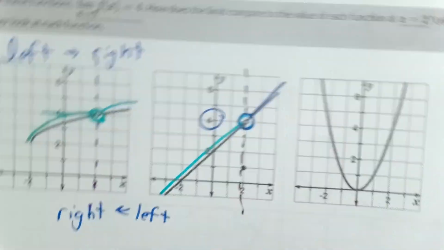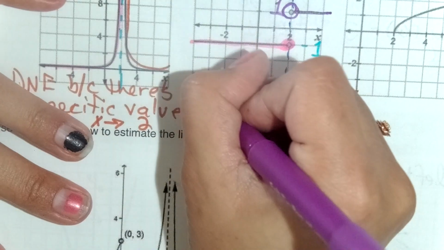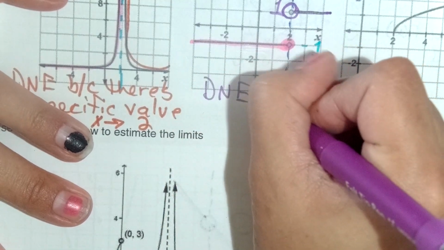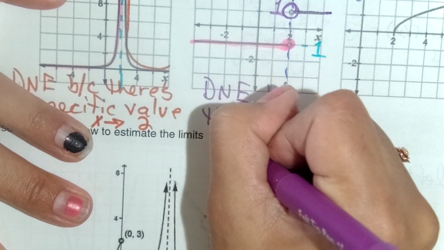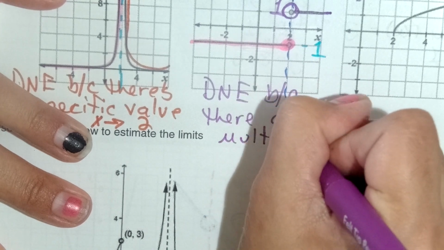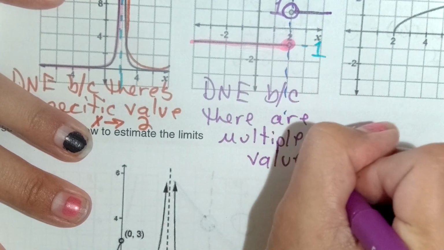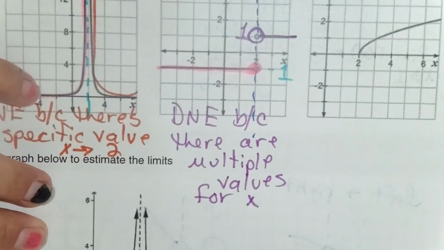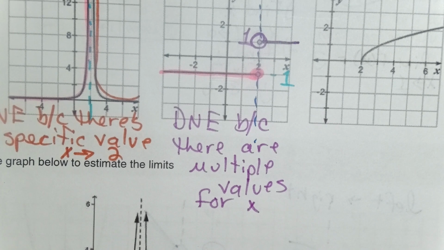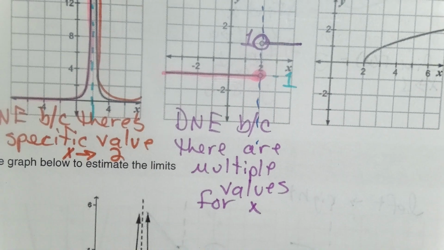So this one does not exist because there are multiple values for x. Okay? Questions on that one?